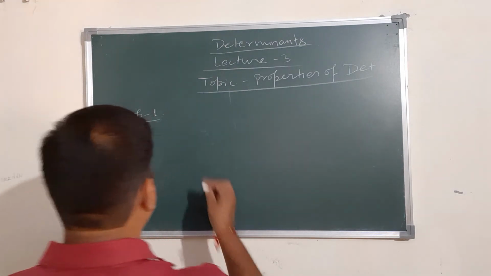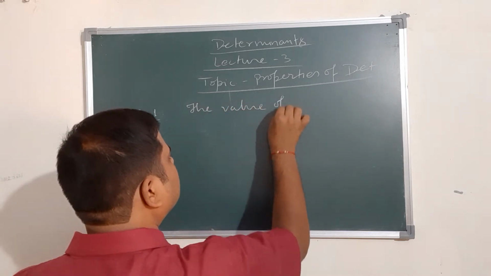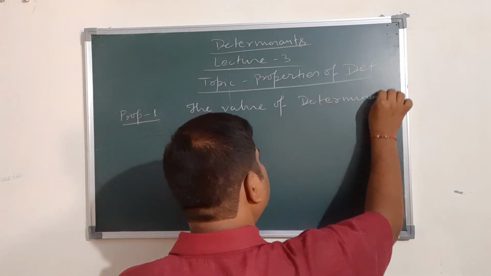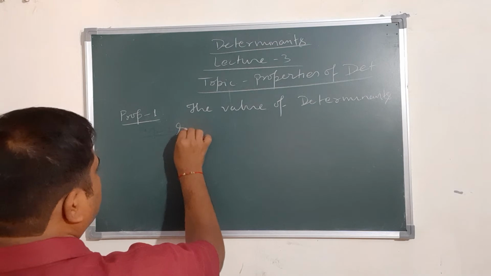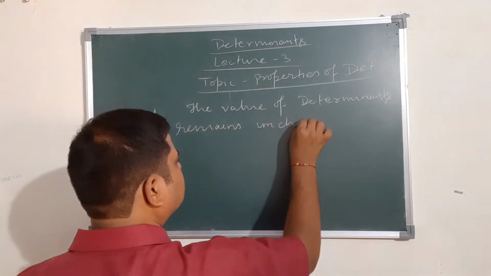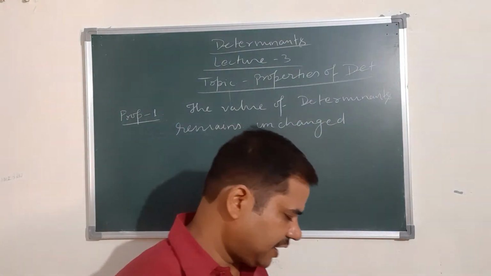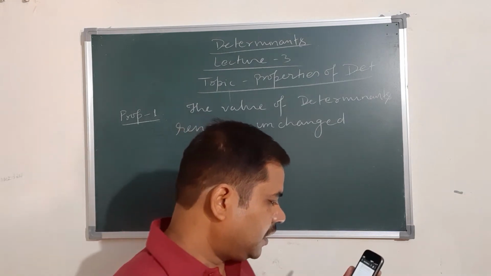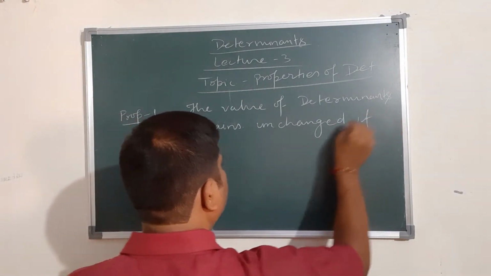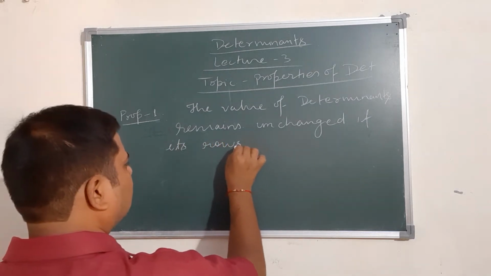The value of determinant remains unchanged if its rows and columns are interchanged.